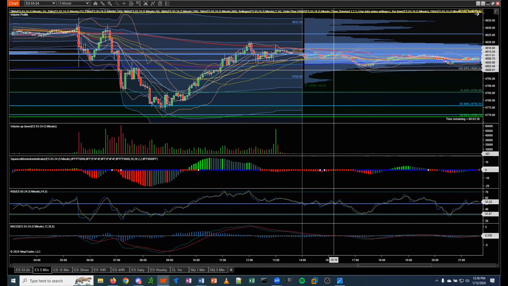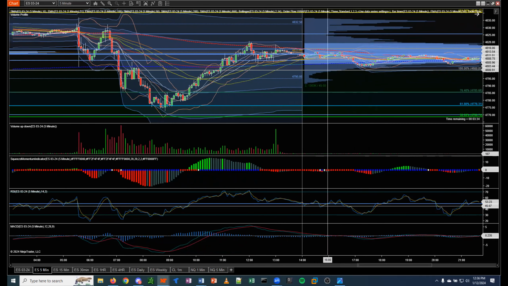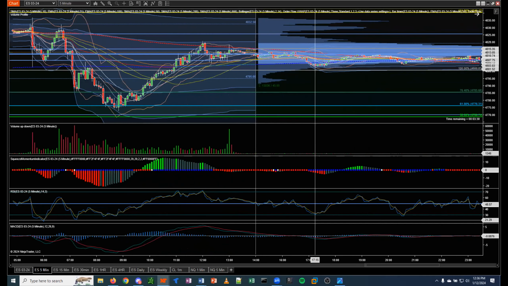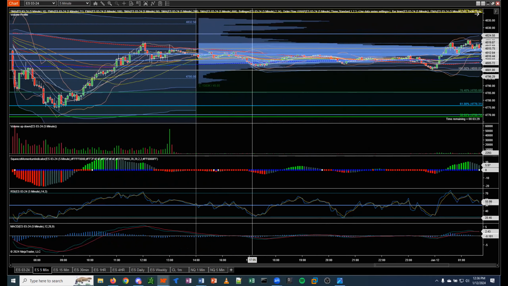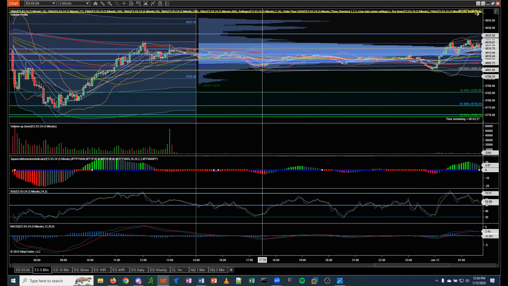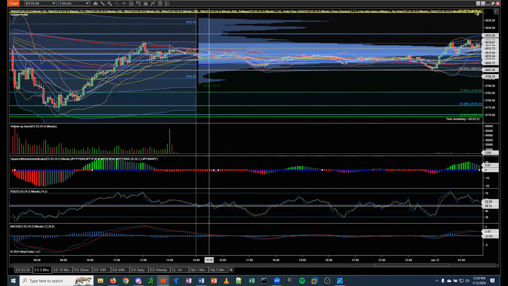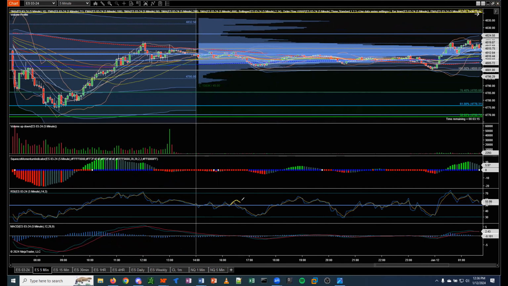And it can do it anywhere. It can do it in the middle of the channel right here too. But it's more favorable when it hits the bottom overcool or the top overheat and then you see it. But sometimes you'll see it doing it off the 50 like this. It'll start doing it like this, and you're like, okay, it's gonna go.